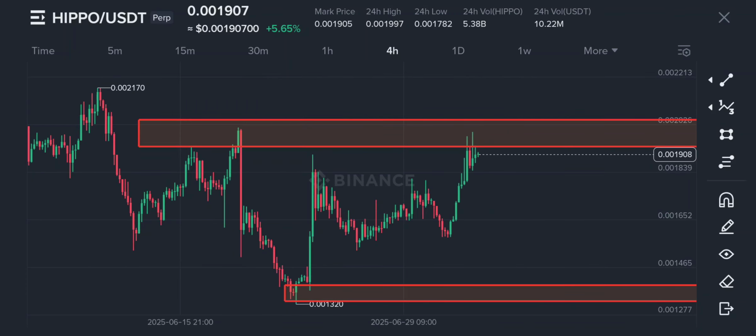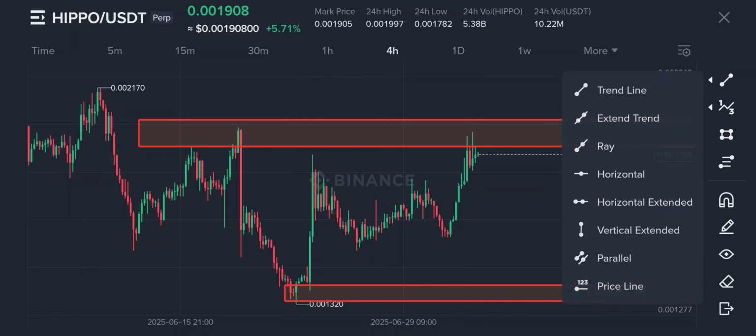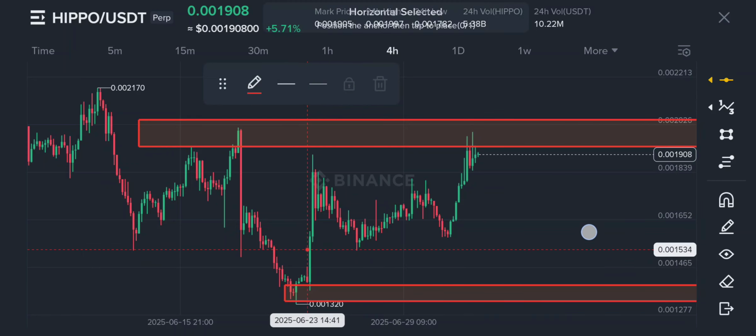Okay, on the 1 hour you can see support and resistance here. I need to capture this as well. So let me put our support and resistance here.